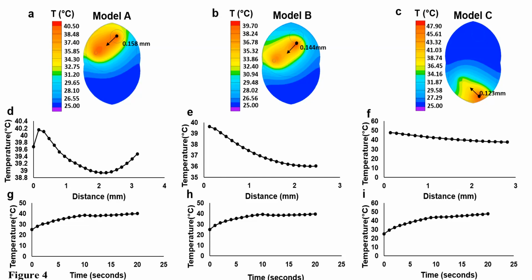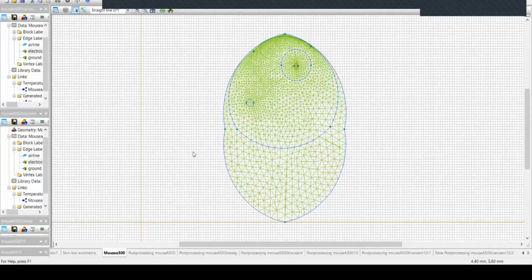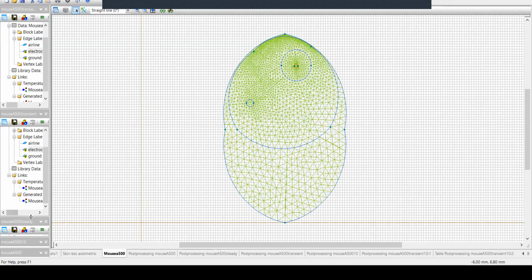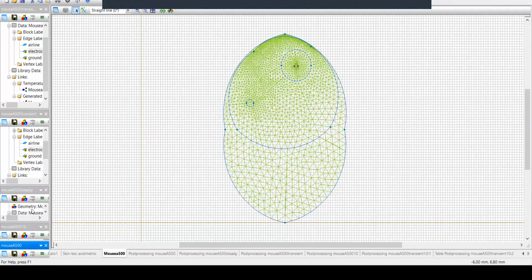I want to repeat the performed simulations using the software. First, the short duration high voltage protocol is applied. As mentioned, we first solve the DC conduction problem. This is the DC conduction problem.